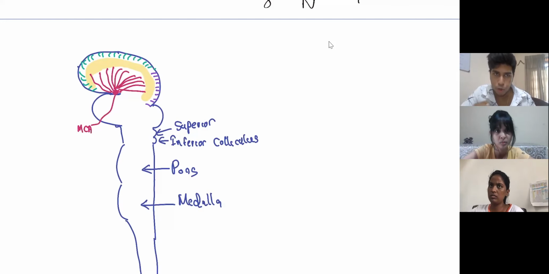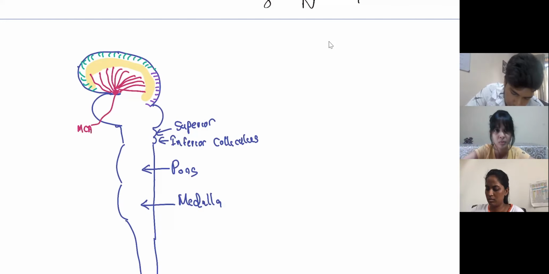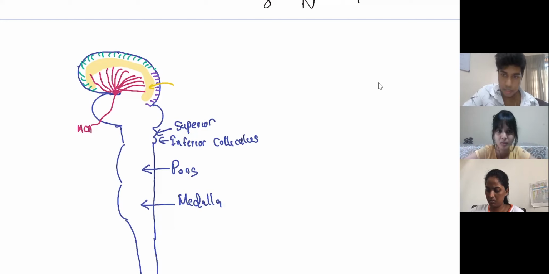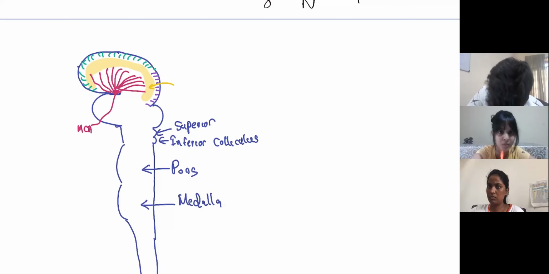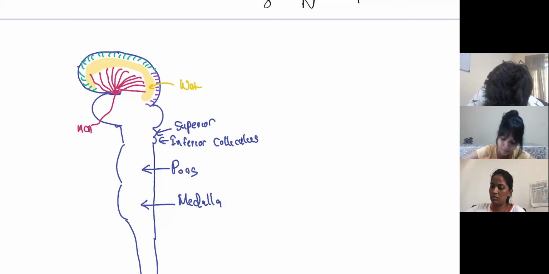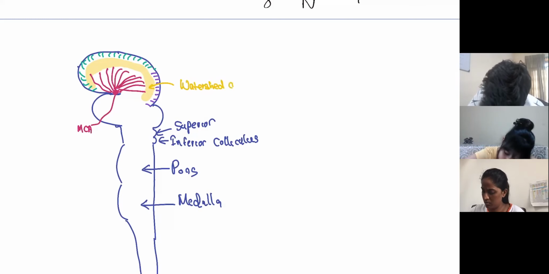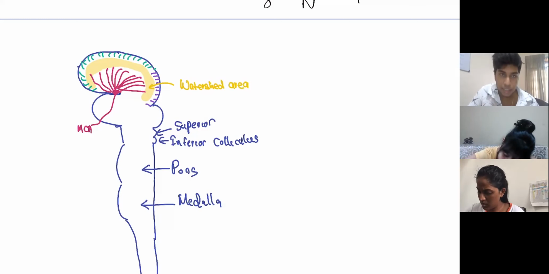So it makes them more likely to be affected during a stroke. Can someone call this area a name? Guys, it's called the watershed area, okay? These are the watershed areas of the brain.